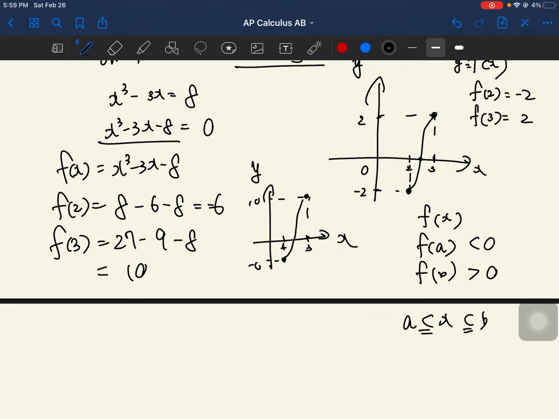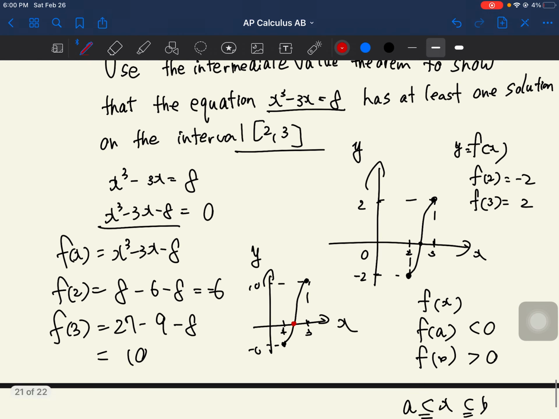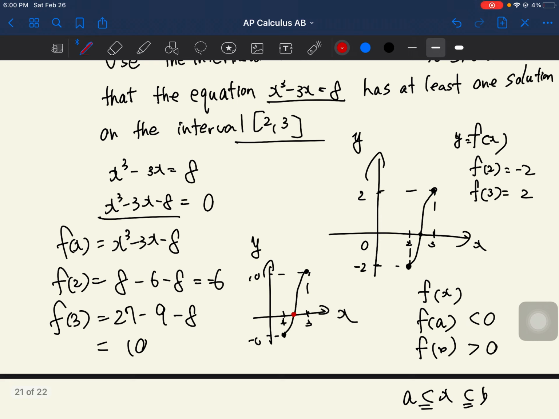You don't know how it looks, but now you proved at least this function has a crossing of the x-axis. Okay, so now you proved this one. Yeah, this function has at least one solution between 2 and 3.